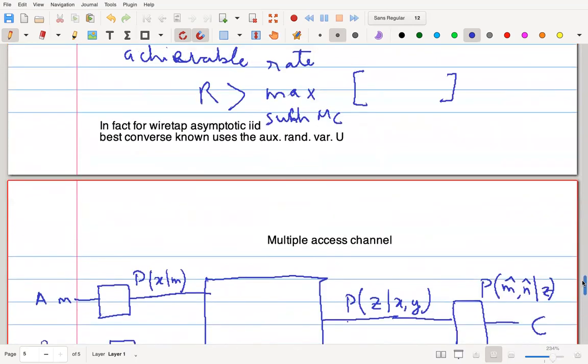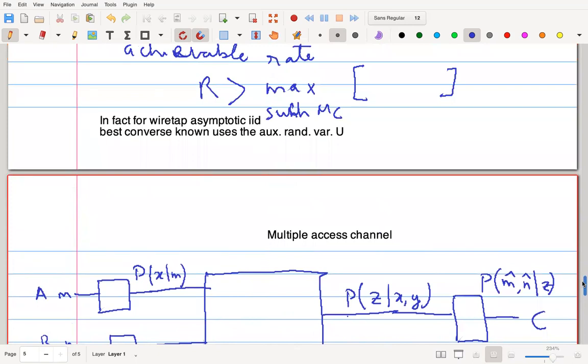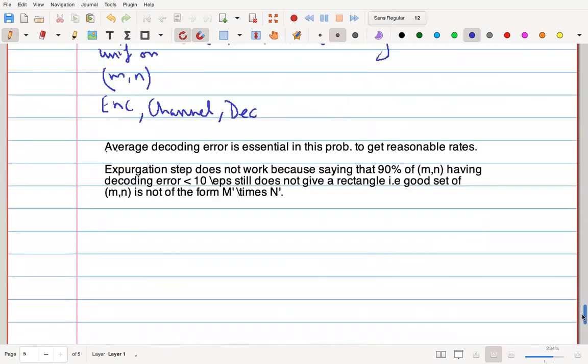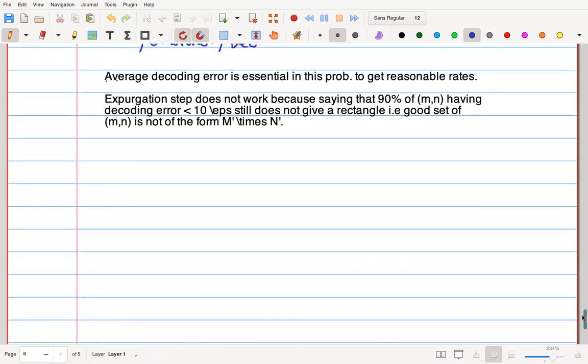Okay, so now let us come up with a nice inner bound. The achievable results are called inner bounds for this. So let me remind you, this problem was studied very early on. Consider the simplest multi-terminal channel. We know that there is a rate region of this form.